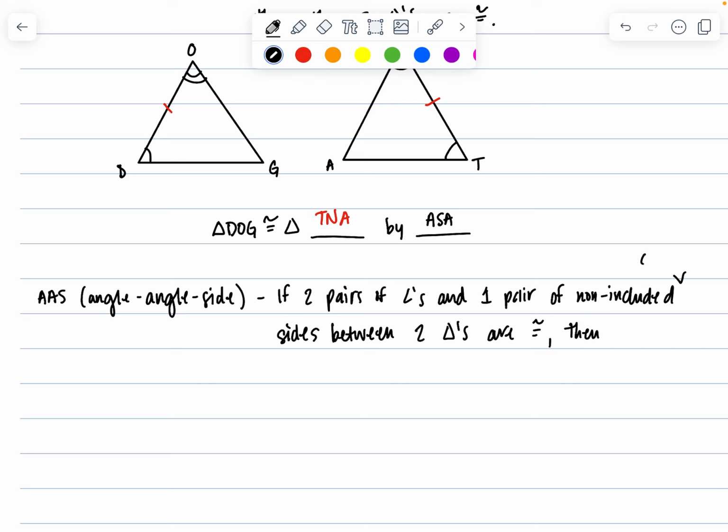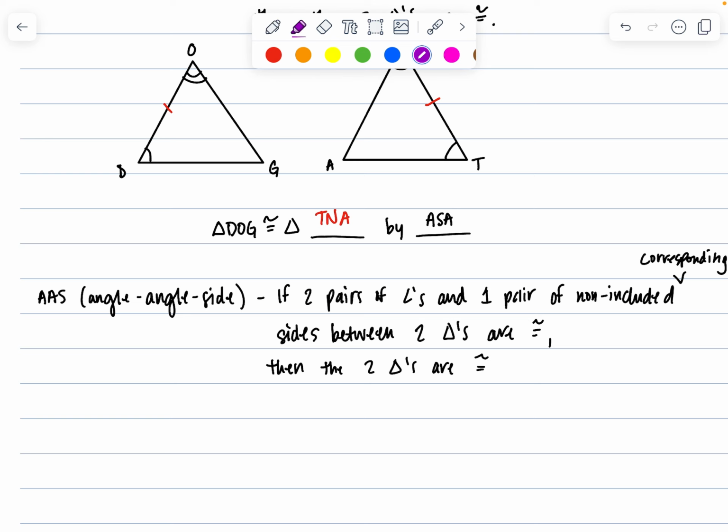So actually put here corresponding, add this to the definition. Non-included corresponding sides are congruent, then, and let's drop this down below because, as we've always done, if-then starts a new line, then the two triangles are congruent.